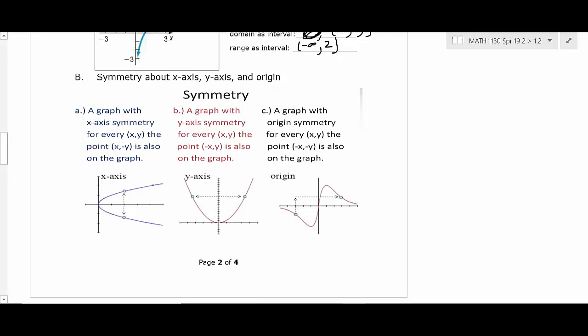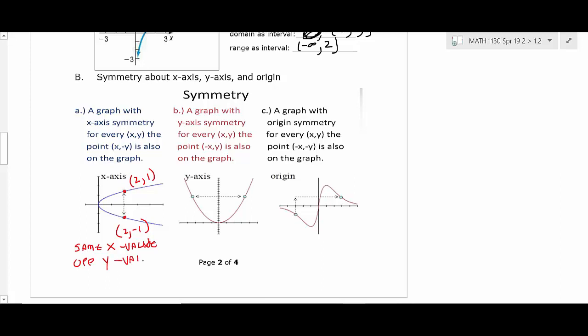This is an example of a graph that's symmetrical about the x-axis. What I'd like you to write on this is these 2 points. This point right here looks like it's the point (2, 1), and this point right here looks like it's the point (2, -1). If you're symmetric about x, it means if you have the same x value, then you're going to have an opposite y value.